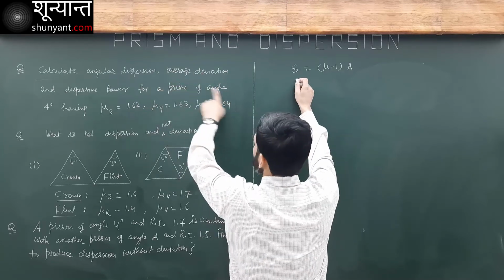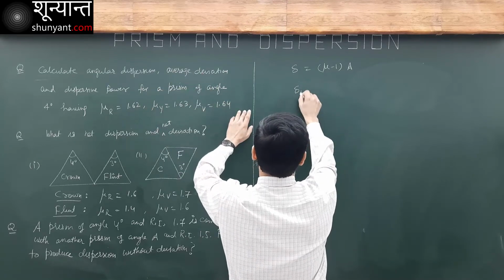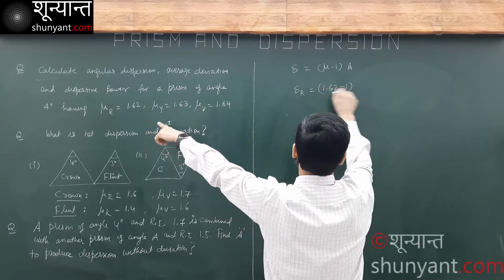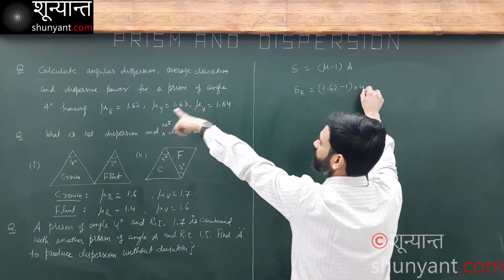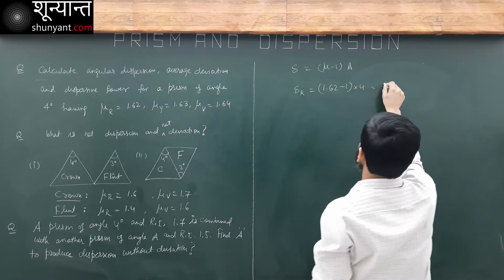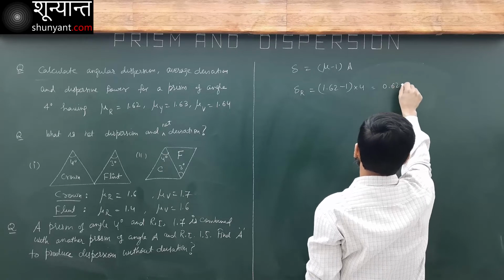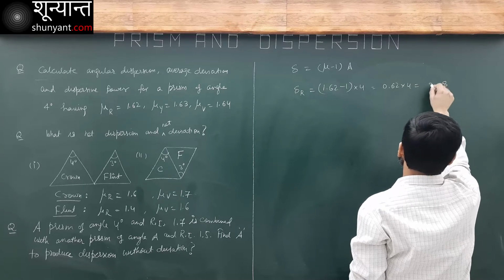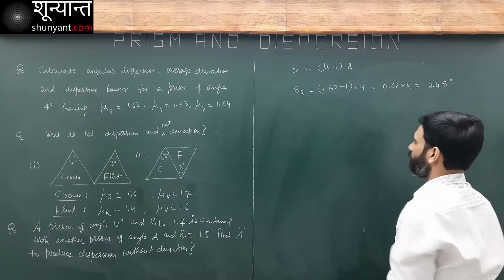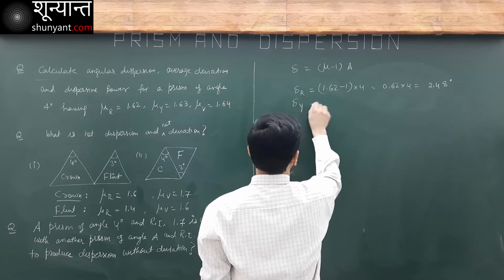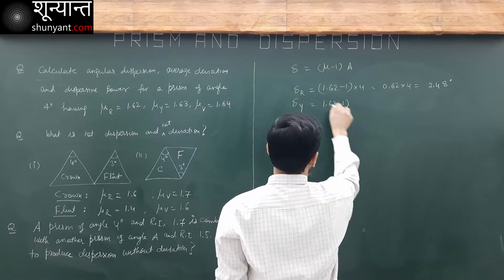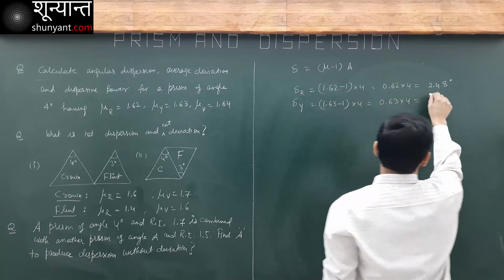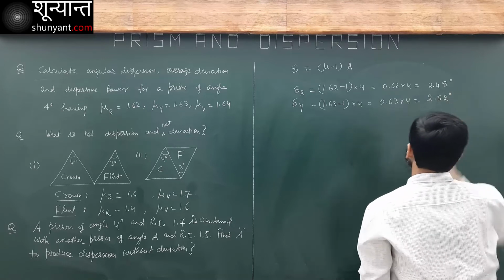Angular dispersion, deviations in different colors. Red is equal to 1.62 minus 1 times 4 degree. This is 0.62 times 4, which is 2.48 degree. In yellow color it is 1.63 minus 1 times 4, 0.63 times 4, so this is 2.52 degrees.